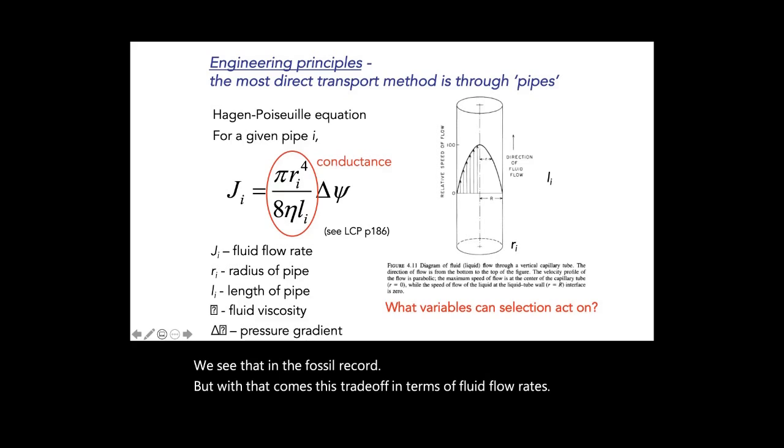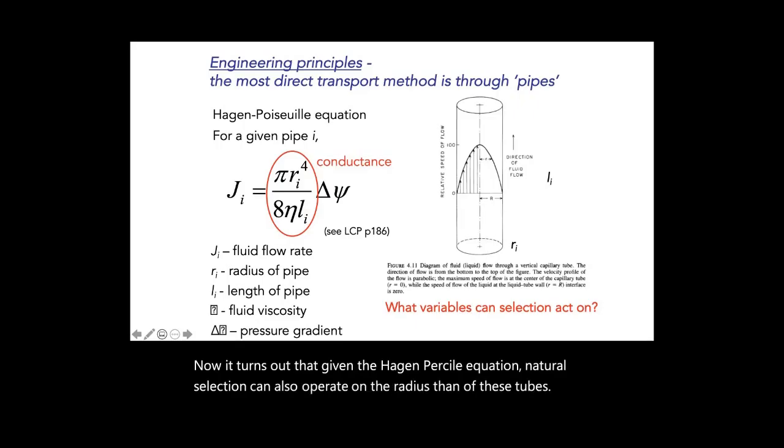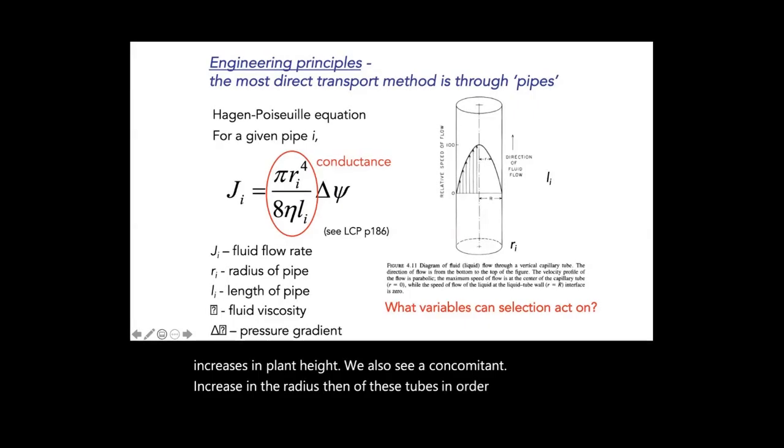Now, it turns out that given the Hagen-Poiseuille equation, natural selection can also operate on the radius of these tubes. And that's apparently what we see in the fossil record. With increases in plant height, we also see a concomitant increase in the radius of these tubes in order to keep fluid flow rate similar or maximized.